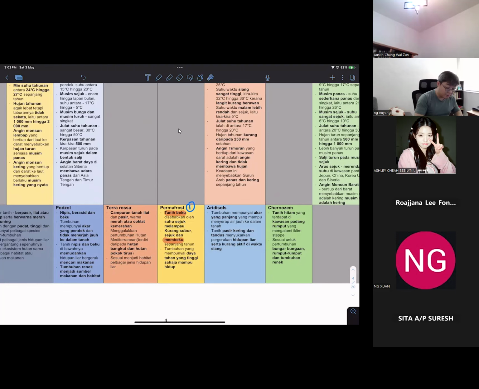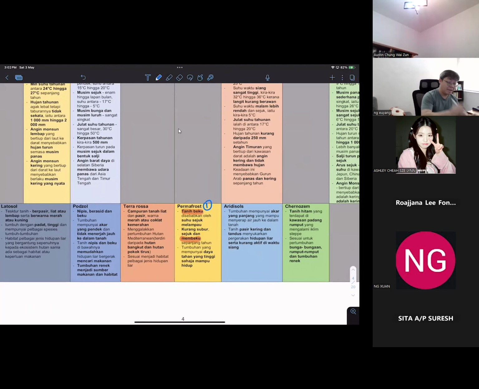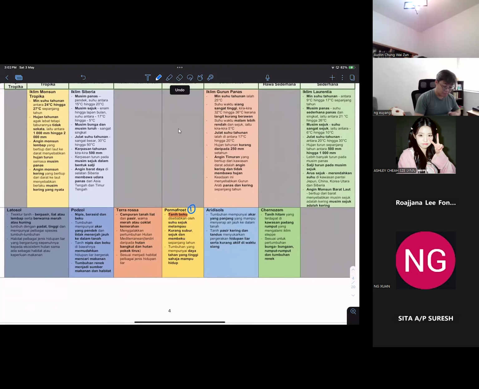So there's very limited plants able to grow here. So that's why we only try to memorize lichen or below. So after that, second number after the permafrost will be your podzol. Below the iklim tundra, hutan tundra is known as iklim Siberia for the tanah.